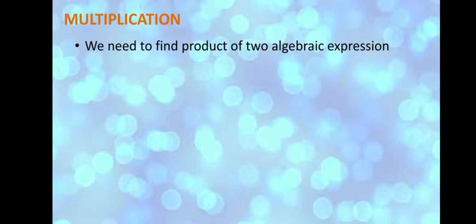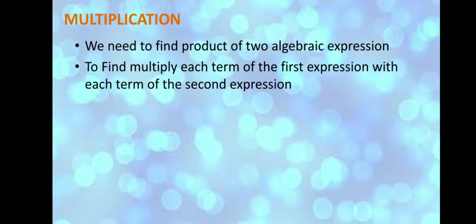As we are going to learn about the multiplication of algebraic expressions, first let's know some things which will help you with the upcoming sums of multiplication. If we need to find the product of two algebraic expressions, you will multiply each term of the first expression with each term of the second expression, but in some cases you have to apply the distributive law.